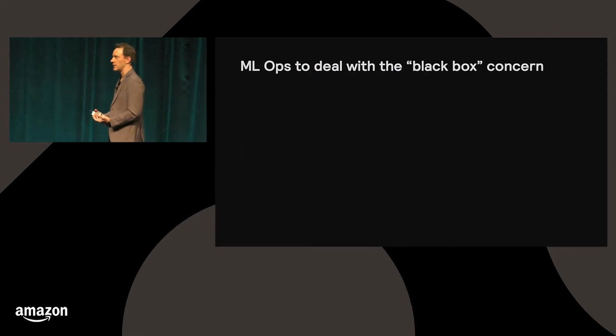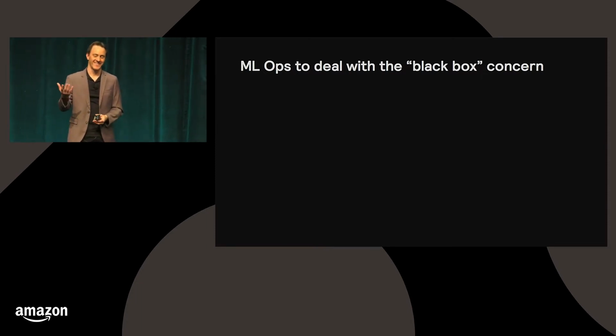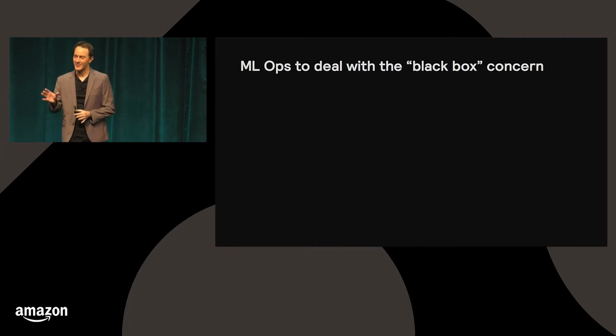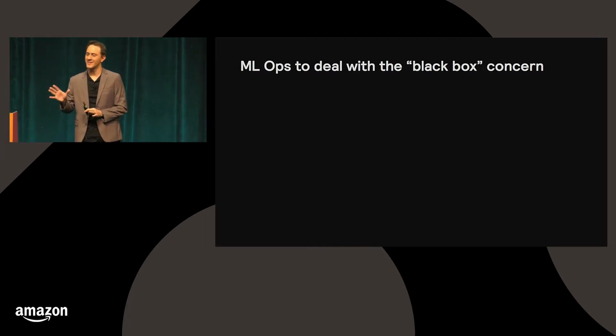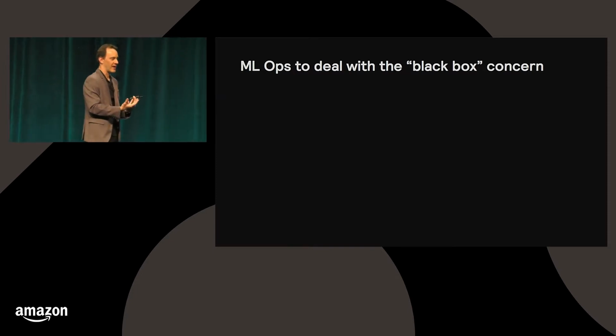So the approach here is to use the idea of MLOps. For those who come from IT, maybe you have heard the expression DevOps. This is similar. It's not the same, of course, but it's similar on some of the concepts that DevOps brings in.